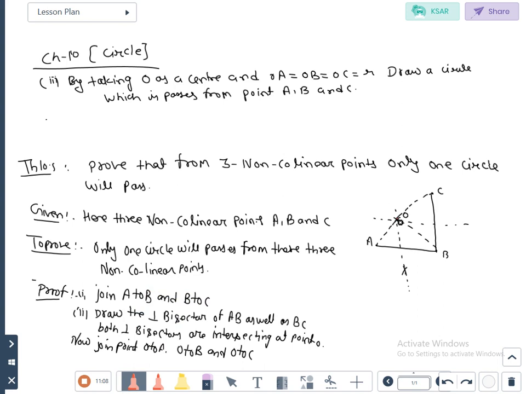We construct a circle. So here we draw a circle which passes from these 3 points.